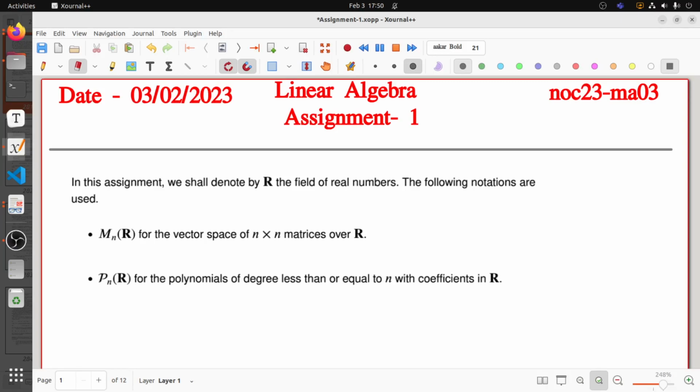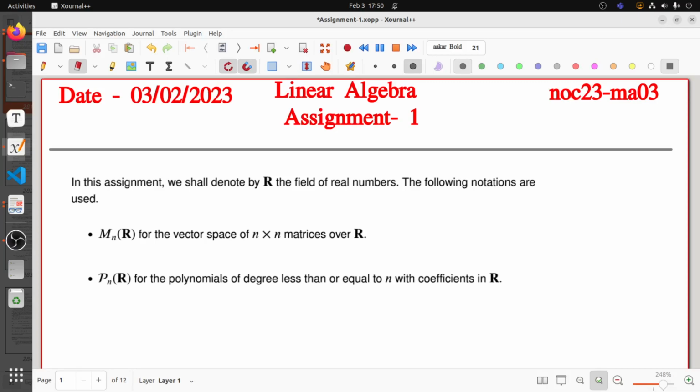So C p1 plus C p1 star, these two are C p1 plus C p1 star, right? Because of this. So now take the C common. So p1 plus p1 star, and as p1 is in W, so C times 0, which means this is 0, which implies C p1 is in W, right?